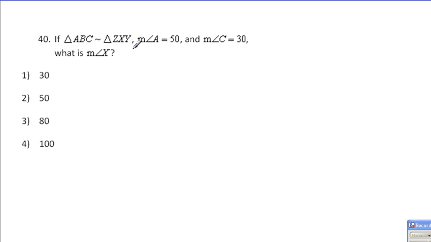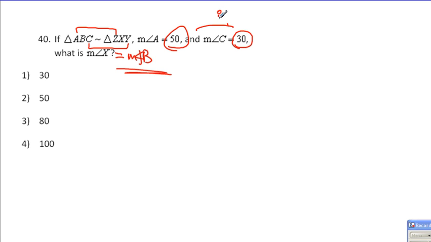In two similar triangles, A corresponds to Z, C corresponds to Y. Then X must correspond to angle B. When you look at angle B, since A is already 50 and C is already 30, when you add them up, it becomes 80. Which leads us to angle B being equal to 100, which is the same measure as angle X.